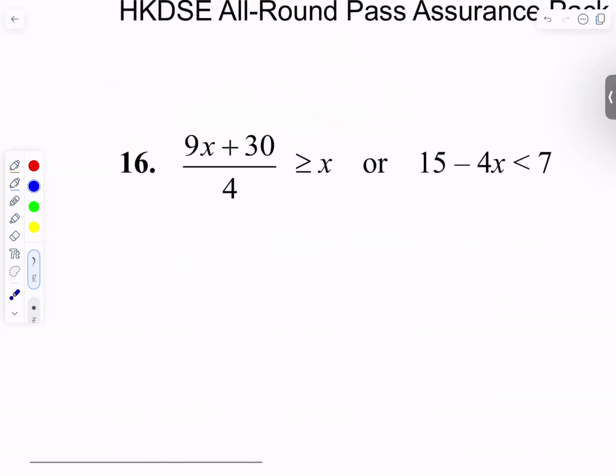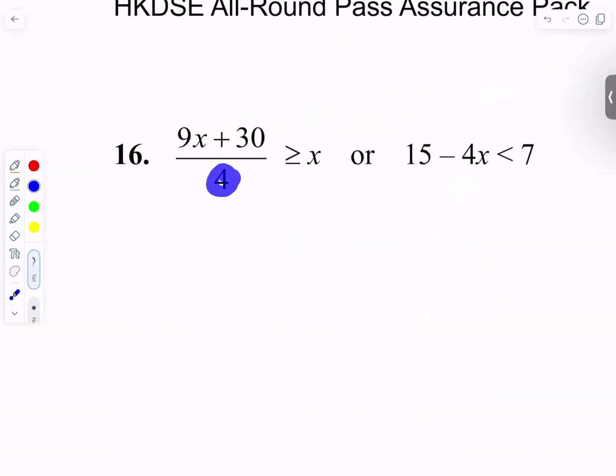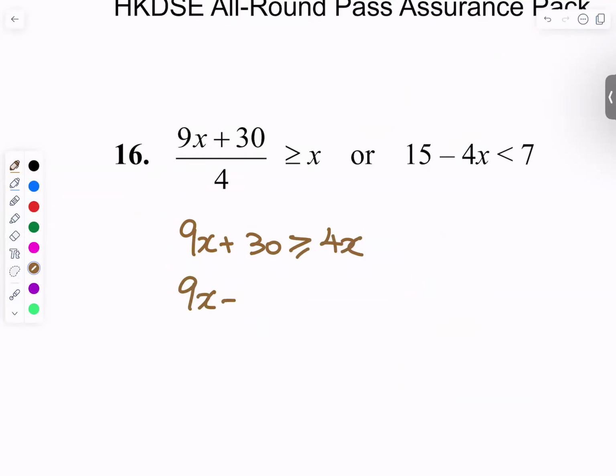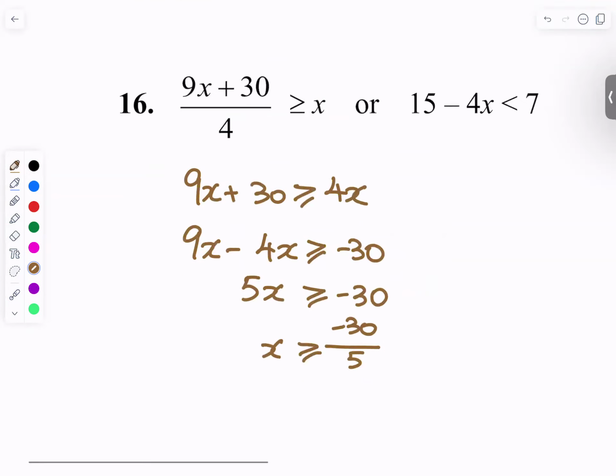Keep doing. 4 here is divided, goes to the other side, times. And then unknowns on one side, numbers on the other side. I will expect you guys know these calculations, so I will be doing a little quicker now.